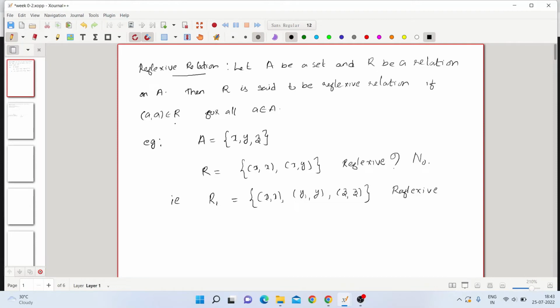Now the third kind of relation is transitive.